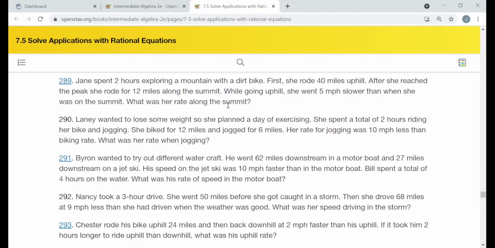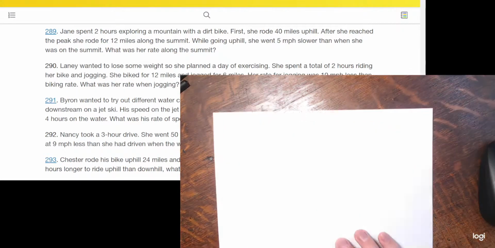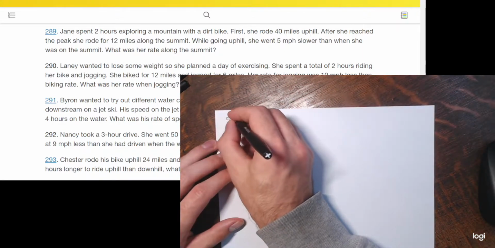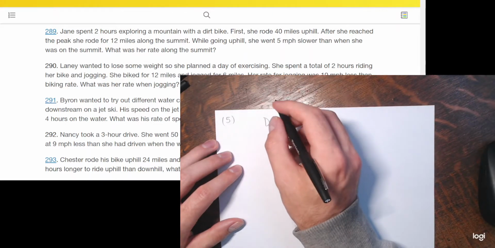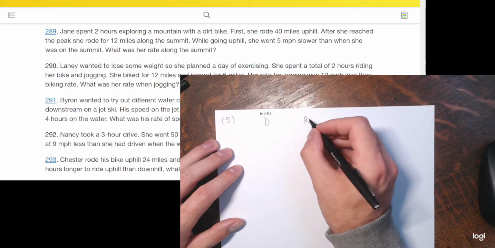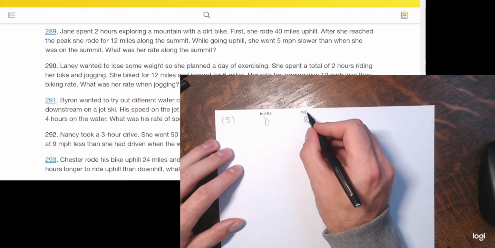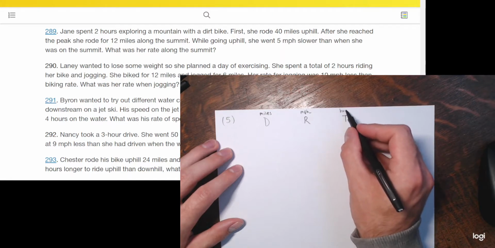So again, I have 2 trips described here: the trip uphill and then her trip along the summit. So once again, I'm going to make a little chart, a table. This is example 5. So distance, yet again, I'm seeing miles mentioned here. Rate, once again, I'm seeing miles per hour mentioned as speeds, and times again in hours.